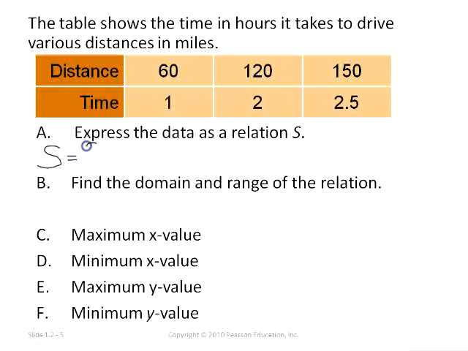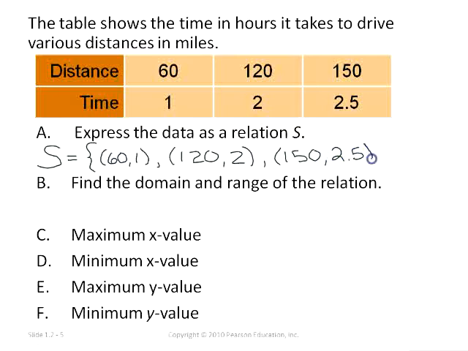Well, it's going to be a set of ordered pairs. The first ordered pair is going to be 60, 1. The second ordered pair would be 120, 2. And the third ordered pair would be 150, 2.5. So that is the relation that we're talking about.